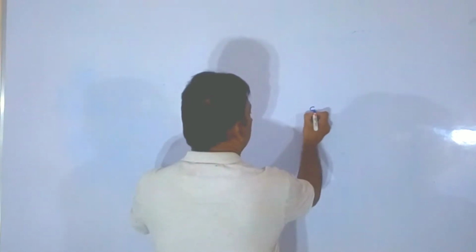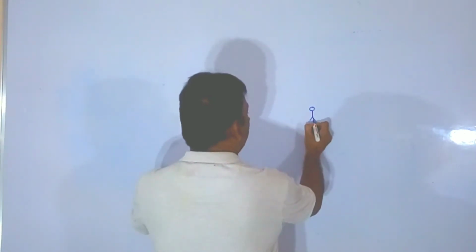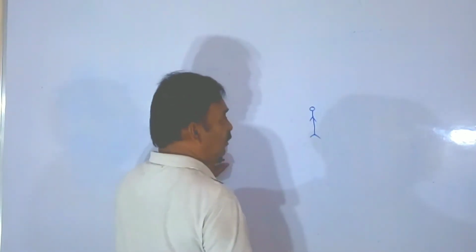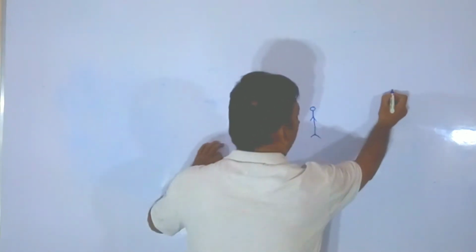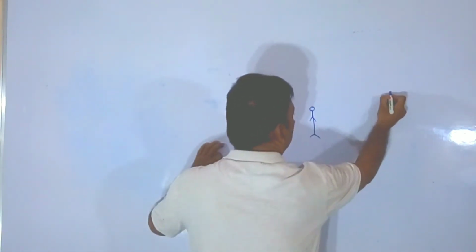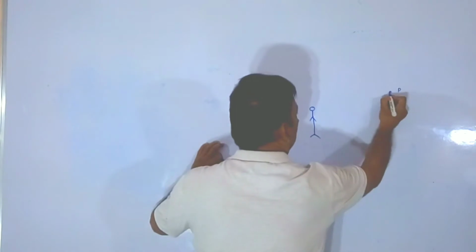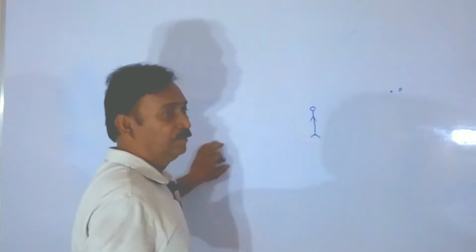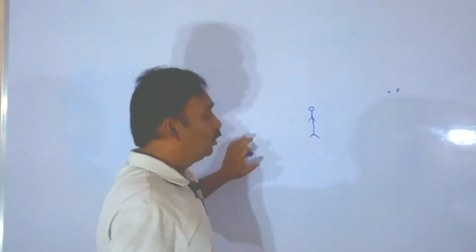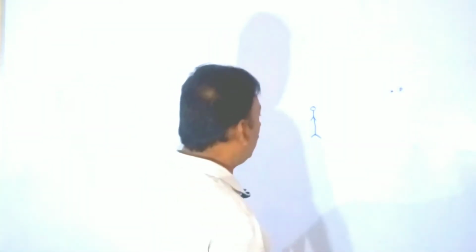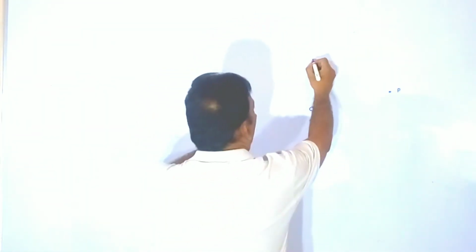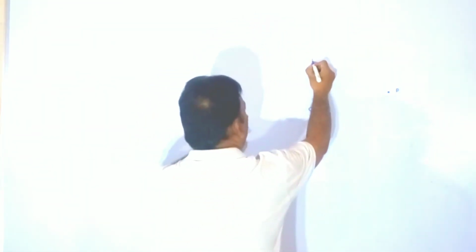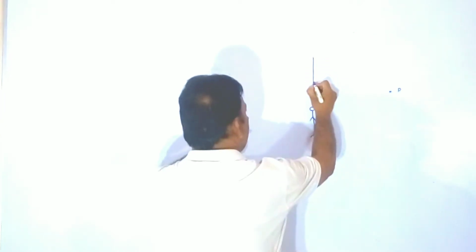Okay, let's say a person is standing here and observes that a particle is lying here. We have to draw the position vector. It can be done very easily. Select any coordinate axis system.